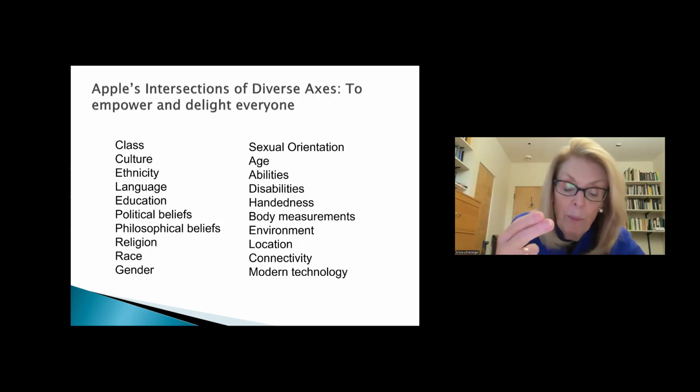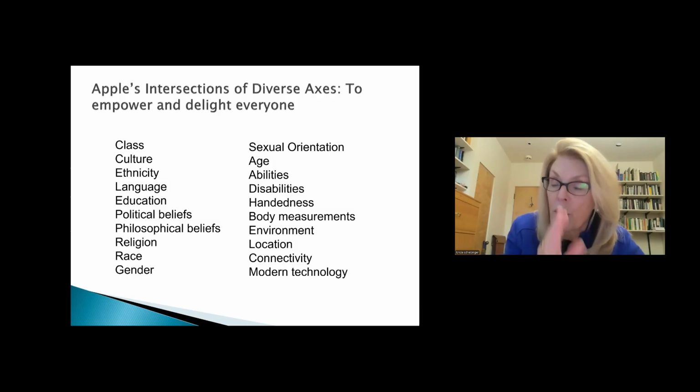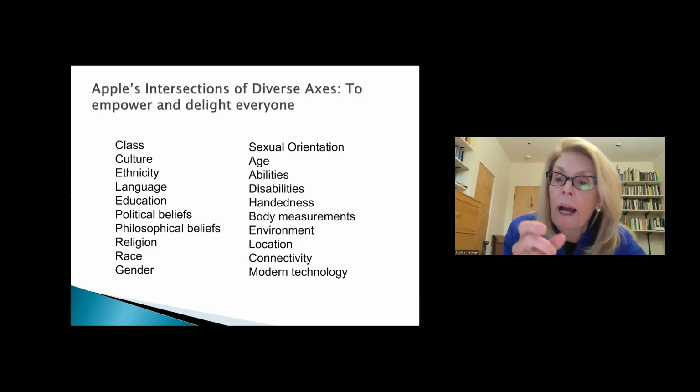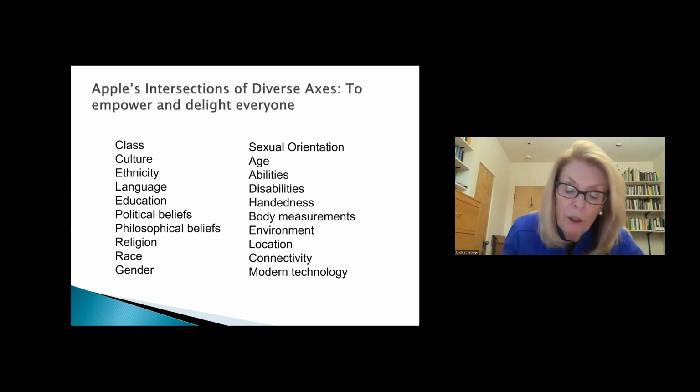The second point I want to make is that each researcher needs to choose the factors most relevant to their particular project. You cannot look at all of these in one research project, but it's very important that you don't rely on an unconscious default, right? You need to choose the factors that you would be using in your research.